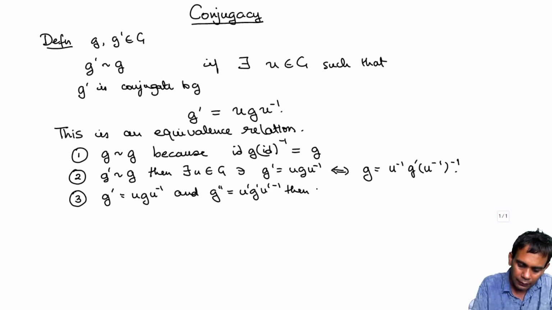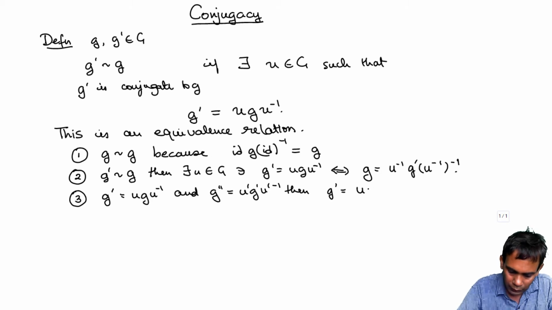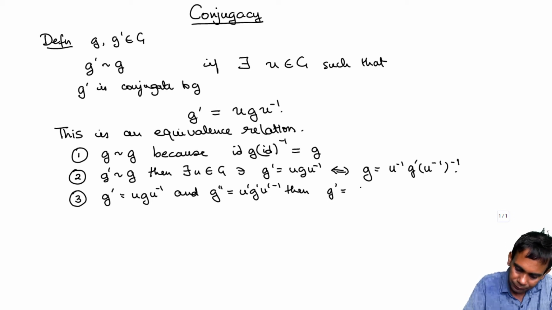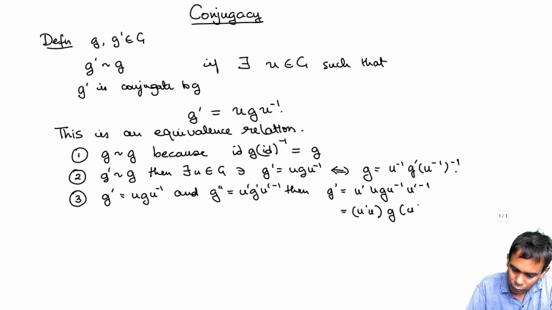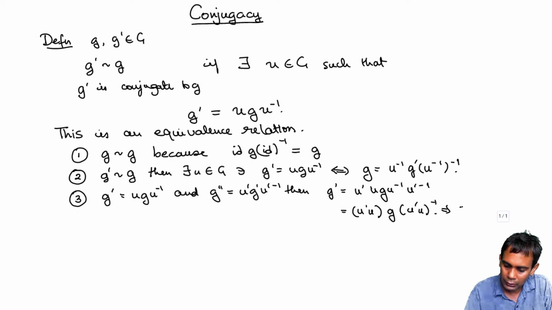Then g double prime is, substituting for g prime, u prime u g u inverse u prime inverse, which is the same as u prime u g u prime u inverse. So this means that g double prime is conjugate to g.